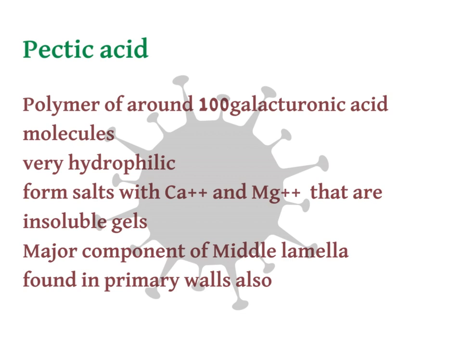These are polymers of around 100 galacturonic acid molecules. They are very hydrophilic in nature. They form salts with calcium ion and magnesium ion that are insoluble gels. They are major components of middle lamella but also found in primary walls. So this is all about today's lecture.